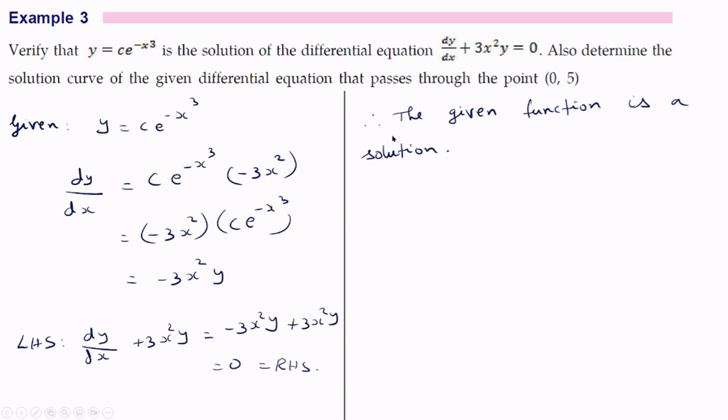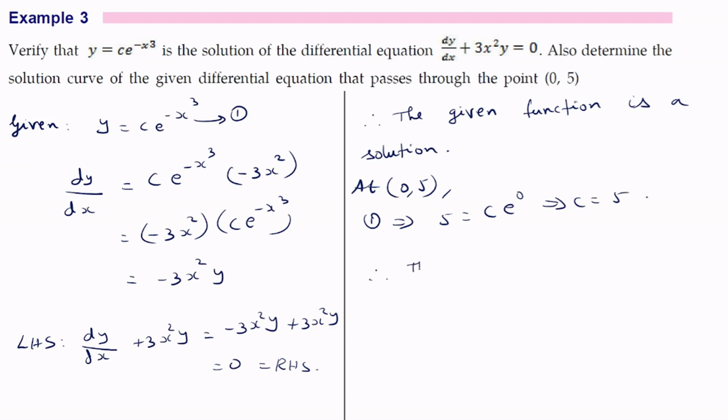And next we have to determine the solution curve that passes through 0, 5. At 0, 5, y equal to 5, so 5 is equal to c into e raised to 0, which implies c equal to 5.